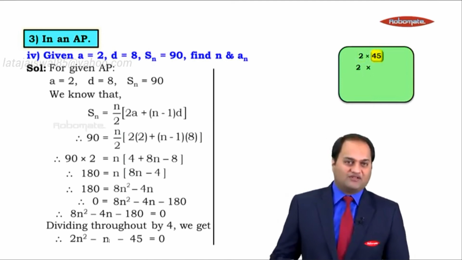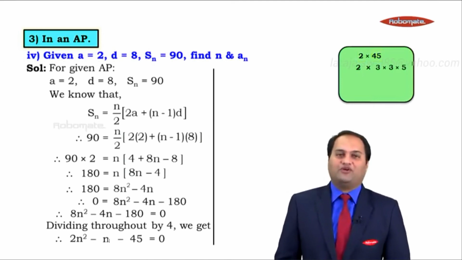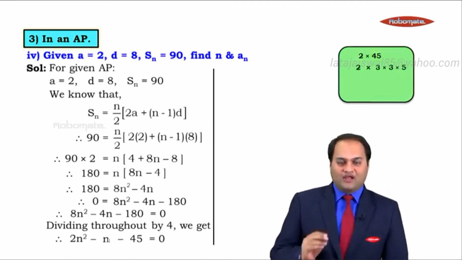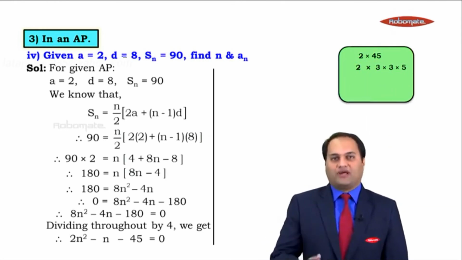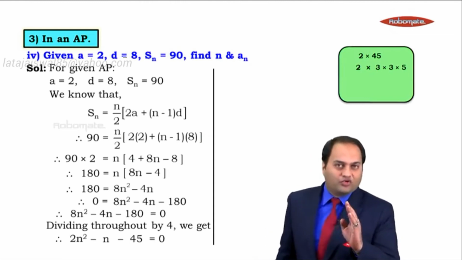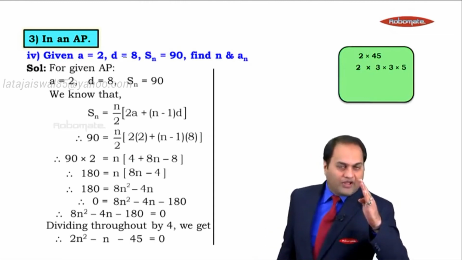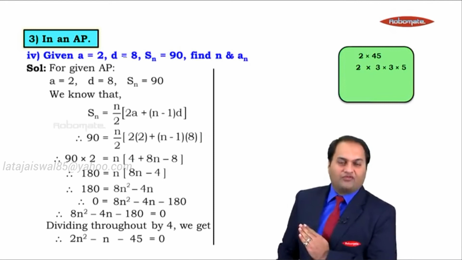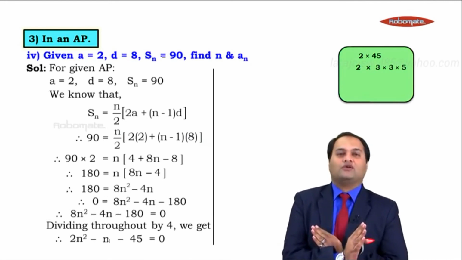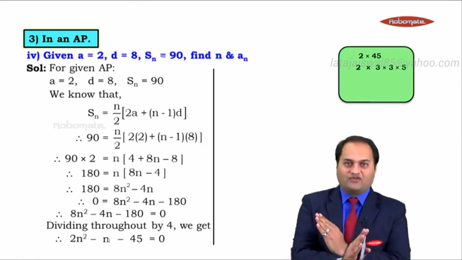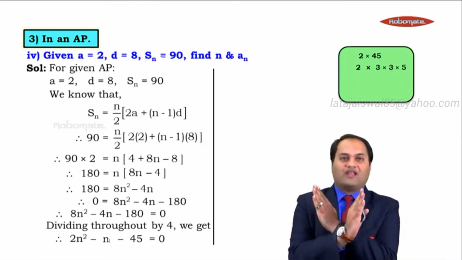And 45 is, as we all know, 3 into 3 into 5, right? Let's find the factors in such a way that on subtraction, it gives you minus 1. As per the rule, you remember I told you, take the biggest number first, that's 5, and other numbers. The other numbers are 2 into 3 into 3. So 2 3s are 6, 6 3s are 18. So the two factors are 5 and 18.